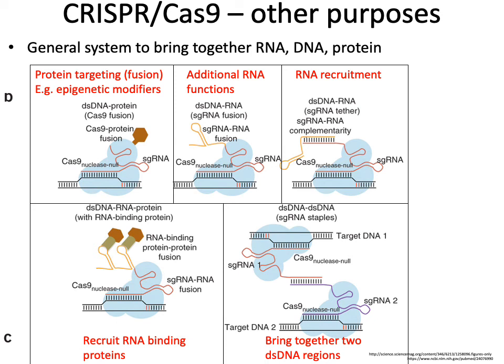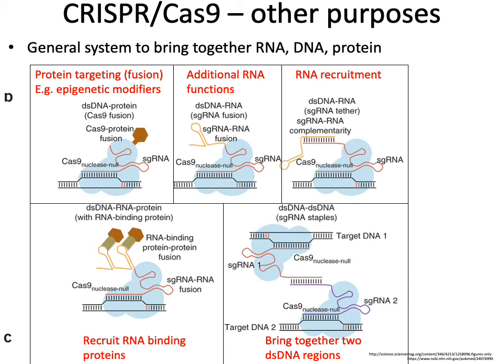In doing so, you can essentially guide some external RNA molecule into close proximity to some part of the genome. In a similar way, you can modify your guide RNA to contain RNA binding sites. There's a certain class of factors called RNA binding proteins that bind specifically to recognition sequences on RNA. You can modify your guide RNA to have these binding sites, which then allow you to bring these RNA binding proteins into proximity to a particular region of the genome.